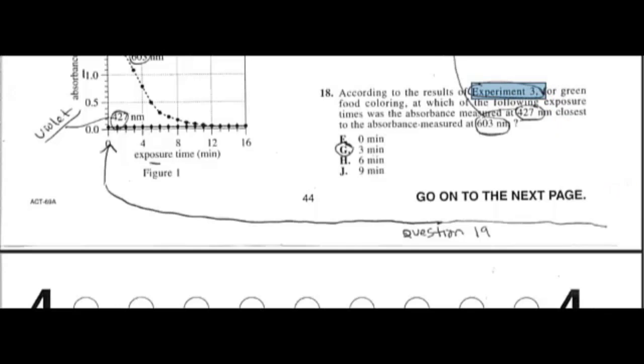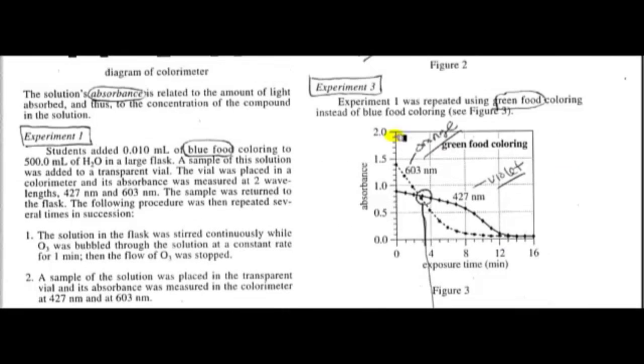We're looking for where the line is going to be closest with 603 and 427. So scroll on up to experiment 3, and we see that experiment 3 is right here in figure 3. We see 603 here, which is this line here, and we see 427 here, which is this line here.